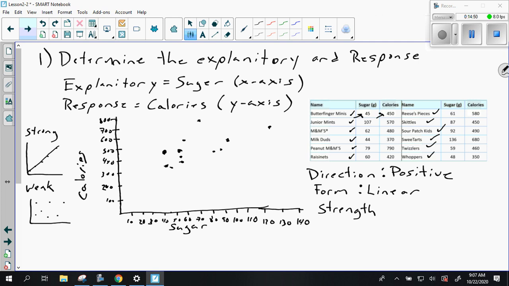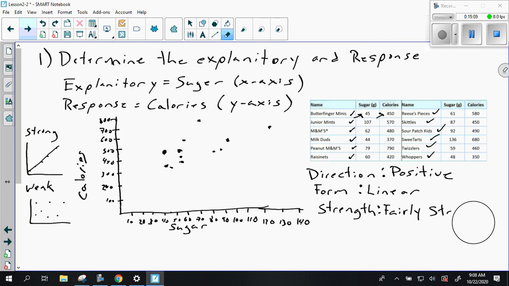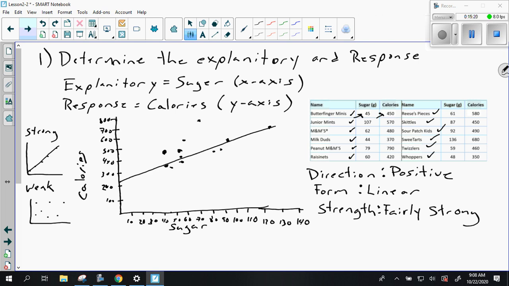There's not really a way to do that. So we would describe this strength as a fairly strong relationship between our explanatory and response variables, because if I was to draw a line, I'd try to get that line closest to as many points as I could. It looks like it kind of fits in there. And so that's why we would describe that as strong.